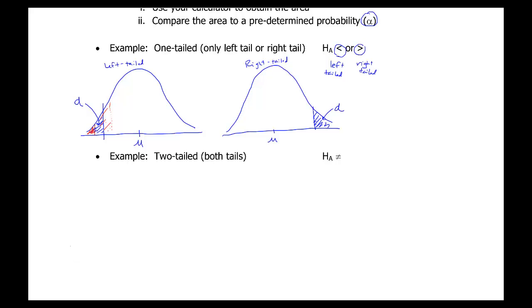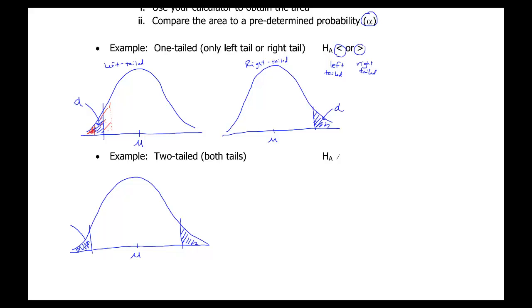A two-tailed test would be if your alternative hypothesis says not equal to. That means we need to look at both sides. And alpha has to be the area of both sides added together.